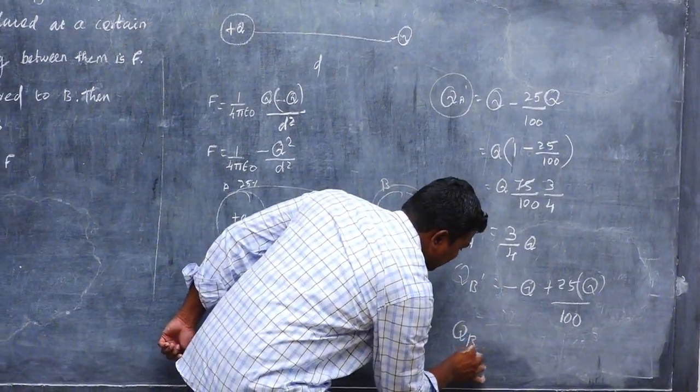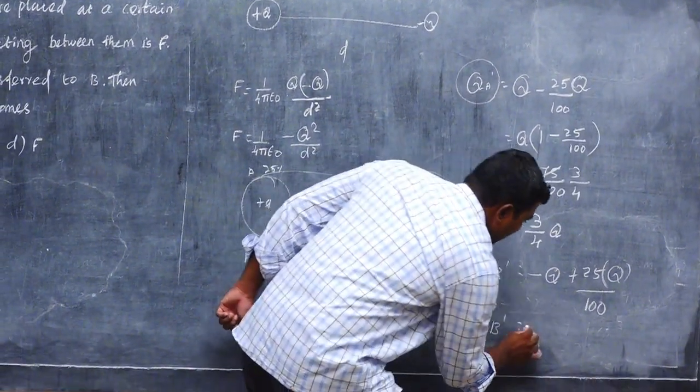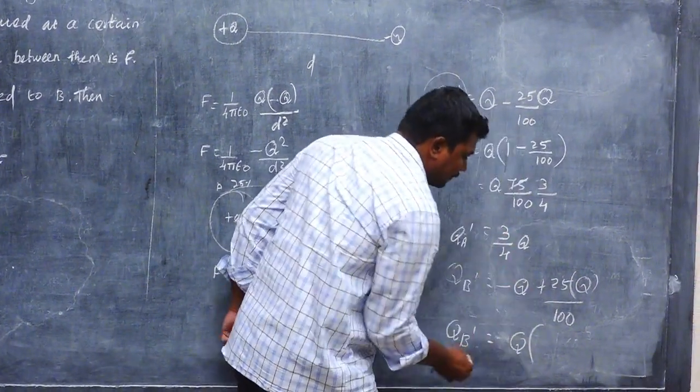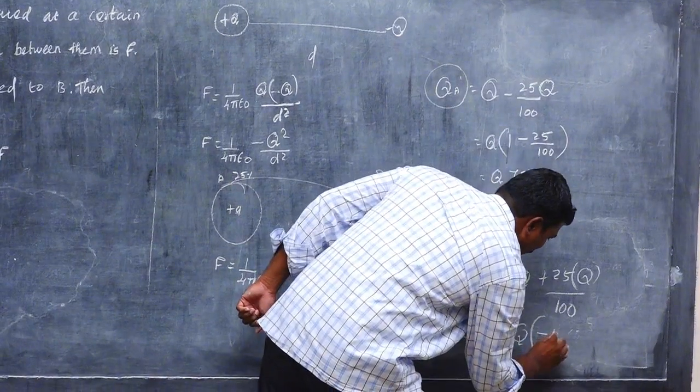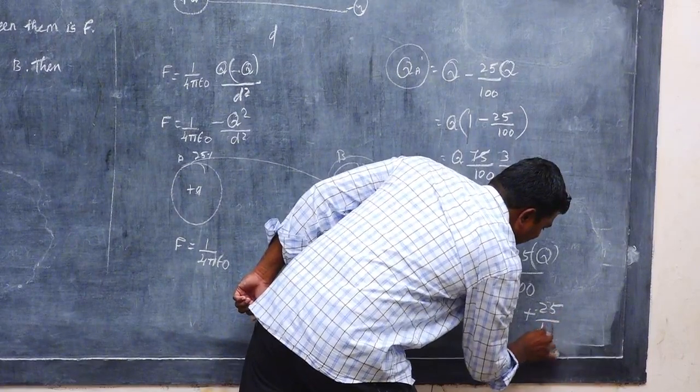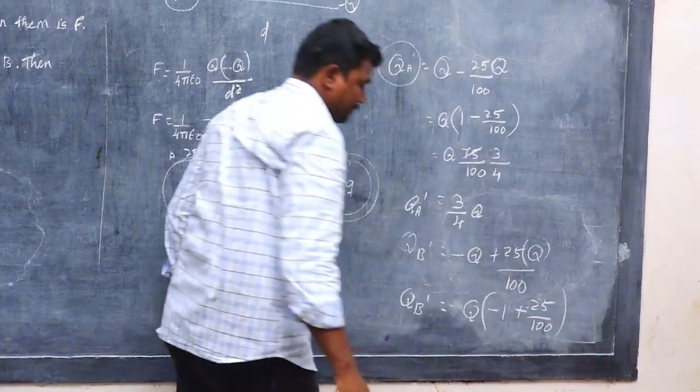QB dash equals minus Q, Q common, minus 1 plus 25 divided by 100.